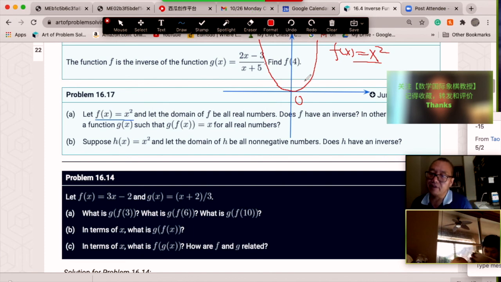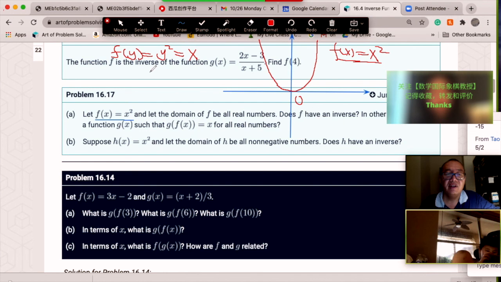If you try to find the inverse function, that means you need to use the y value of this function to project to the x value of this function. Then you can solve this one: set x equals y, then get y squared, then set this one equals x. Then you can solve y equals square root of x, then plus minus, right?